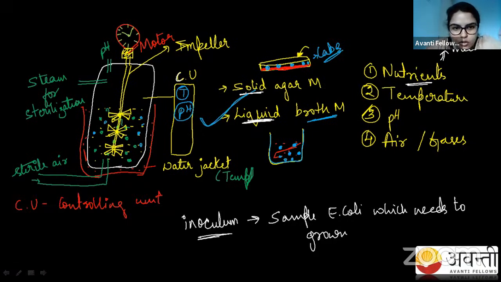You can see this is the controlling unit. In the controlling unit, you can see the temperature, pH and everything, whether the temperature is high or low, that you can see.